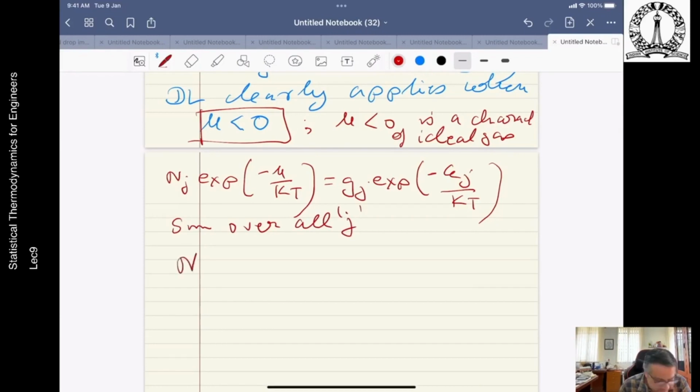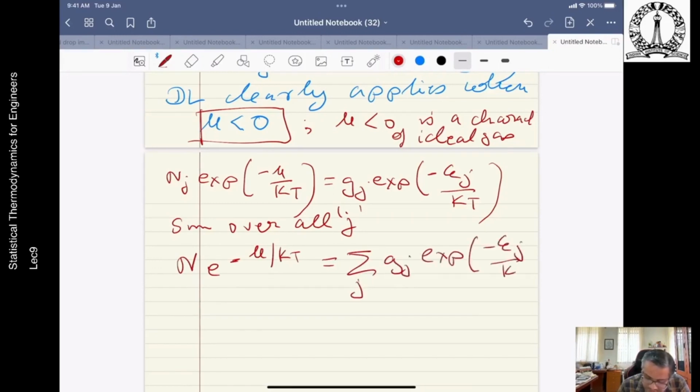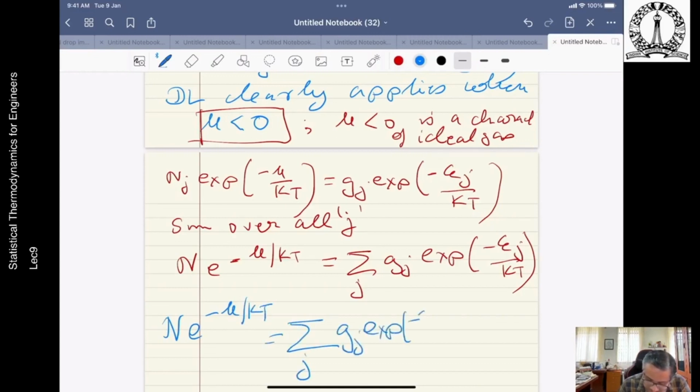What you see is N exponential minus mu by kT, right? Because we have summed it over all energy levels. This side, of course, is the sum over j of Gj exponential minus Ej by kT.